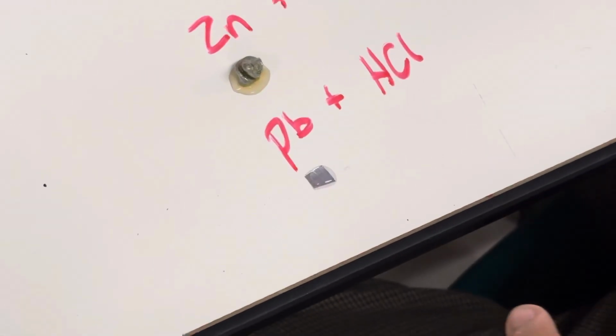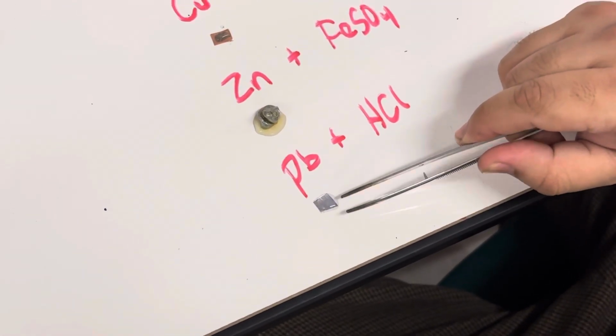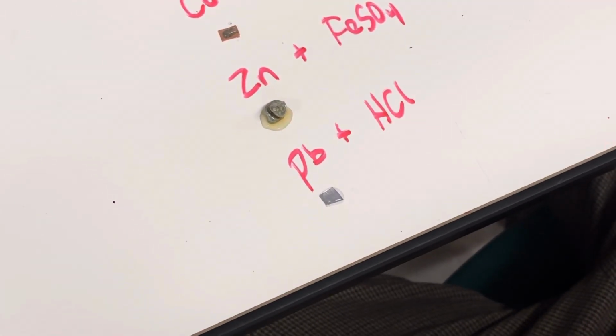Part of that is because this acid is very, very dilute. If we tested it with much more concentrated acid, we would see the reaction happen a tiny bit more vigorously. I don't think you're going to be able to see this happen on camera at all, but if we left it for several hours and came back, we would see some slight discoloration as the lead gets eaten away.